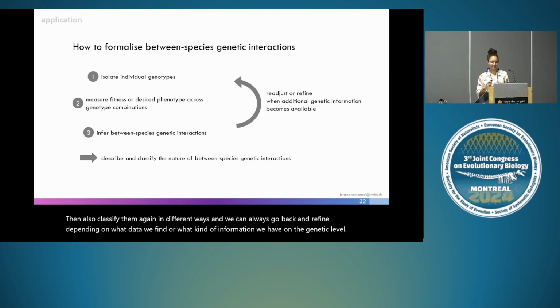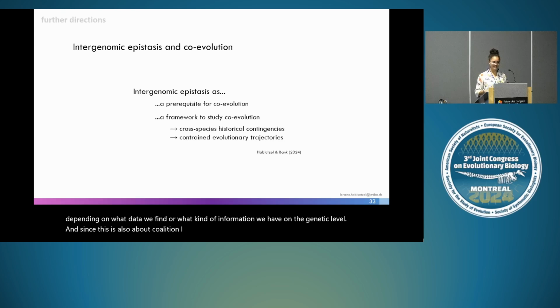And since this is also about coevolution, I will give you some teasers about how we can use endogenomic epistasis to think about coevolution. I unfortunately don't have time to go very in-depth into this, but what I presented so far is how to use endogenomic epistasis as a more descriptive way, but we can also use it as a framework to think about coevolution happening.